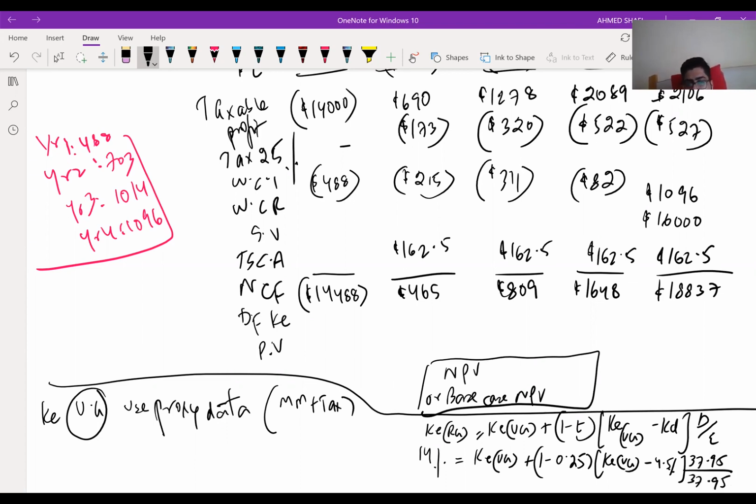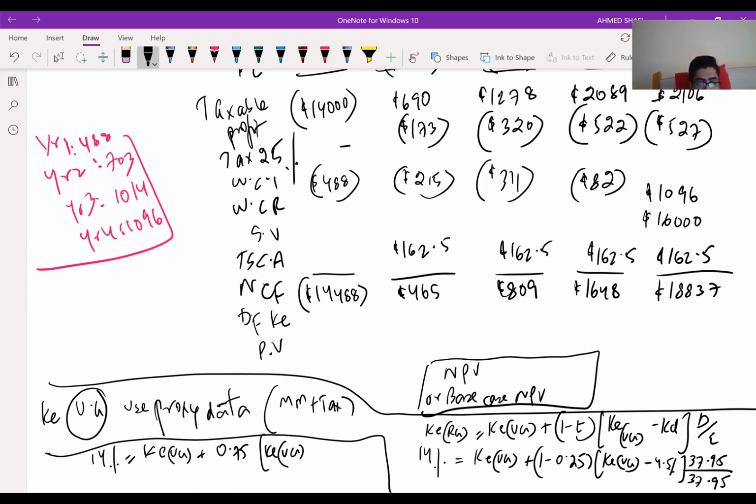So this 37.95 over 37.95 becomes 1. I'm doing the working here. So it's 14% equals KE ungeared plus 0.75 times KE ungeared minus 4.5%. When you sort it out, KE ungeared will be 10%. No regearing is required. Use that 10%.